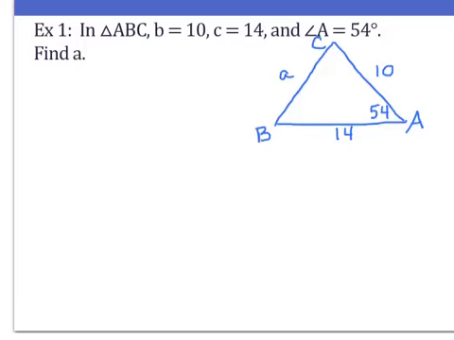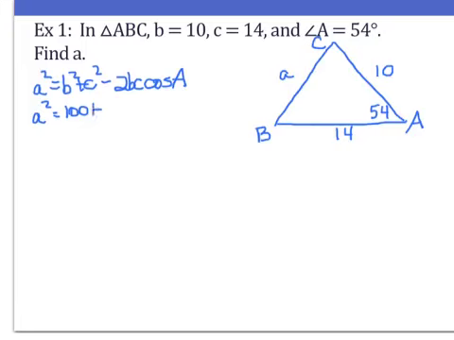So it helps when we know the angle opposite the side that we're looking for. So we're going to use the formula that begins with A squared. So that means B squared plus C squared minus 2BC cosine A. And so we're going to just substitute in. So B is 10, so that squared is 100.